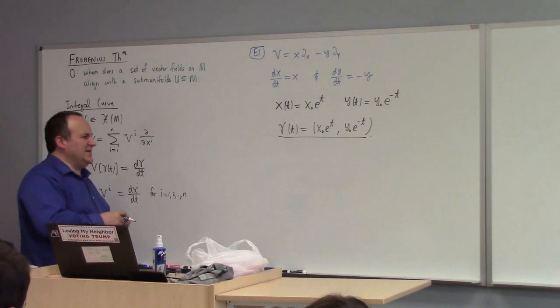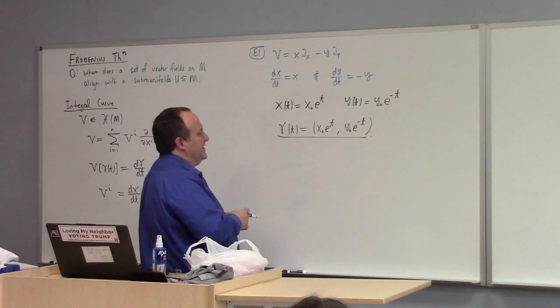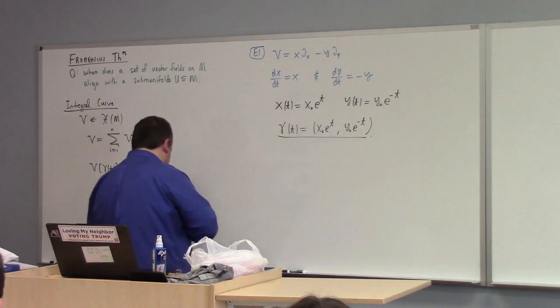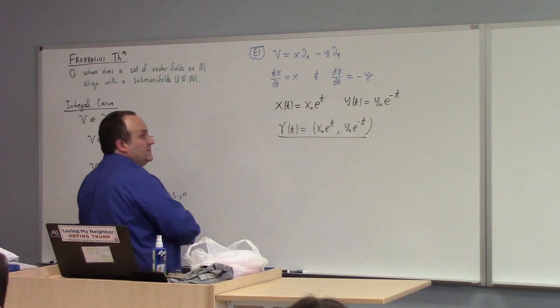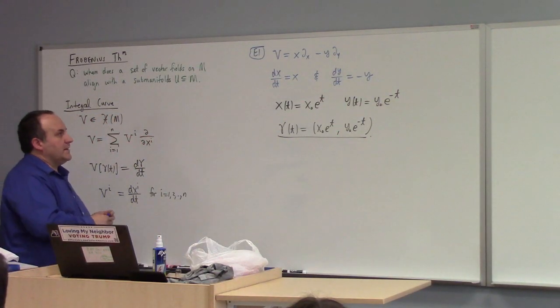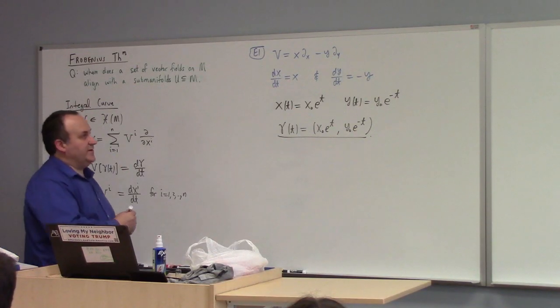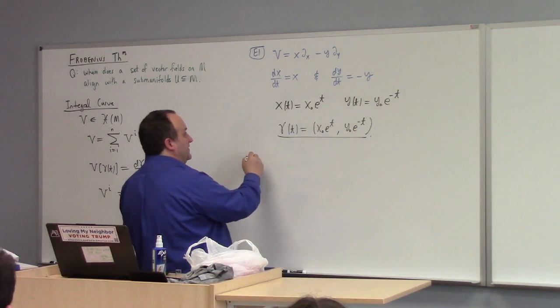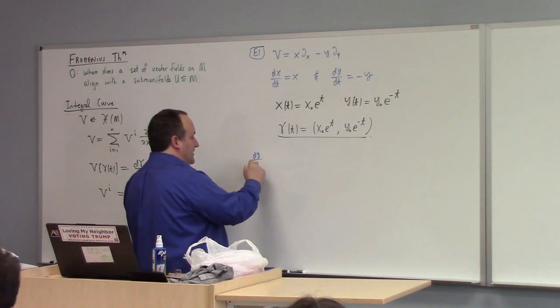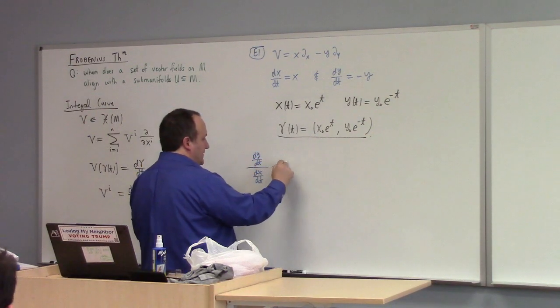Now, I think we could actually do even better for this one. Can you guys find the Cartesian equation? Maybe we can visualize this better. Can you eliminate t for me? Let me show you a trick. dy dt divided by dx dt is dy dx.